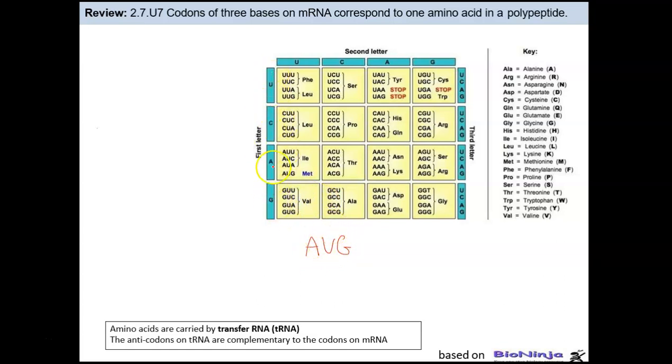Then you come first from here, A is here, and then you look for U. Which one is U? Only this one. So you know that the AU should be in this area. And how do I find G? Then you have to look here.